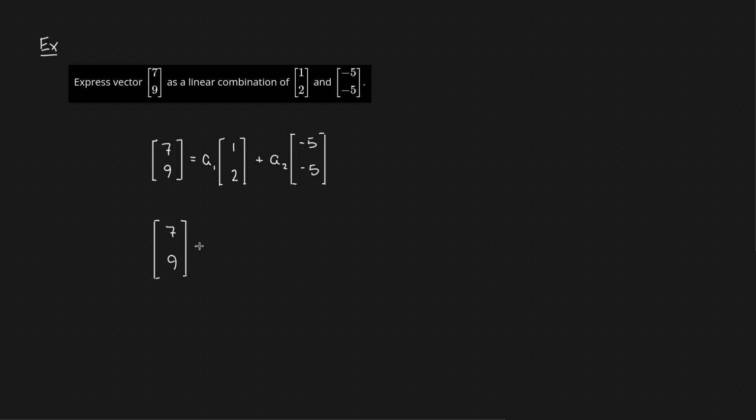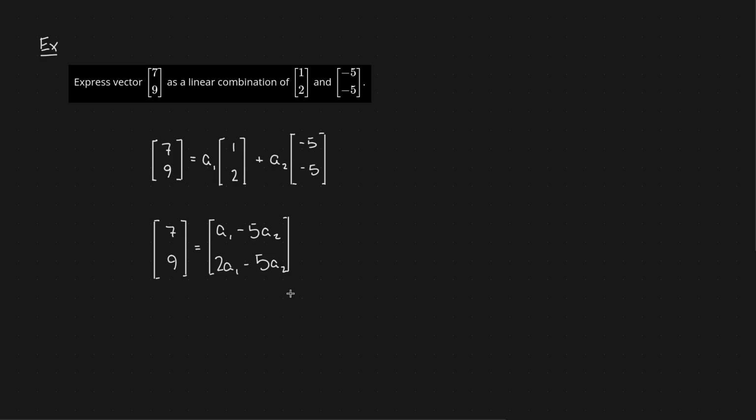And if we do the scalar multiplication and the vector addition on the right-hand side, then we're going to get, for our first component, 1 times a1 plus negative 5 times a2, that's a1 minus 5a2. And for our second component, 2a1 minus 5a2.